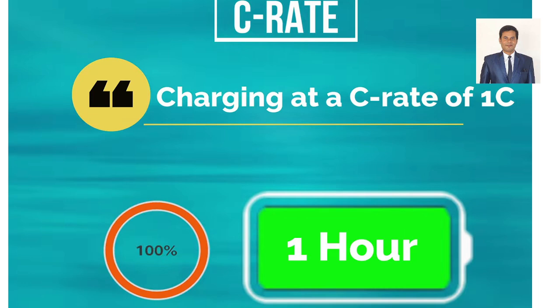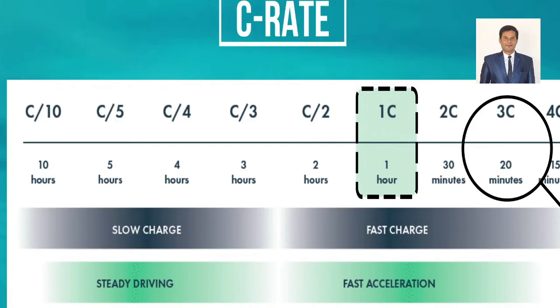If it stores the maximum amount of charge in 1 hour, then 100% is full, and we can say it is fully charged. Sometimes it will take 2 hours to store the charge for 100%. That is how the C rate can be defined.